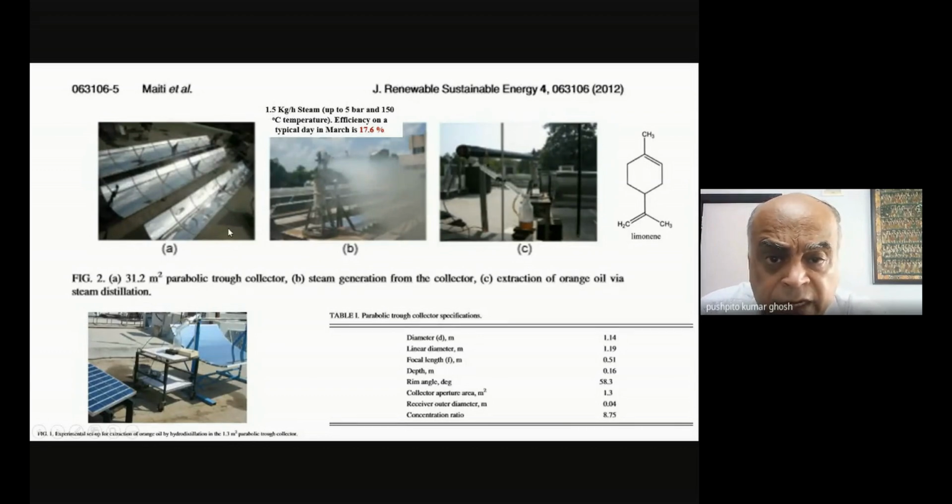And for example, this is an application that would be very useful for a place like Nagpur, where there's a lot of orange cultivation. From the orange peels, you can get this oil, limonene.